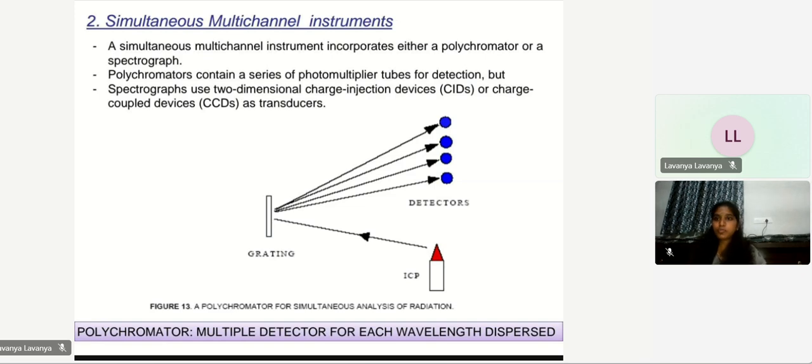Simultaneous multi-channel instrument. The simultaneous multi-channel instrument incorporates either a polychromator or a spectrograph.